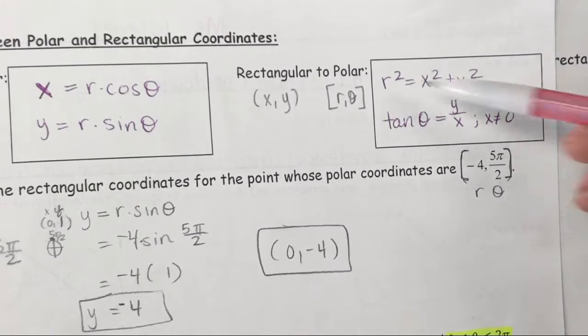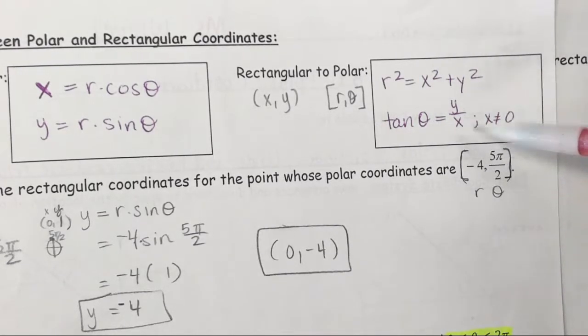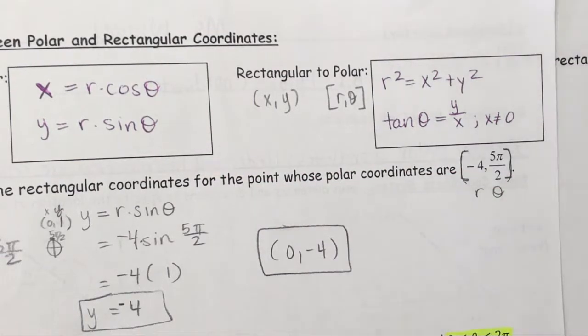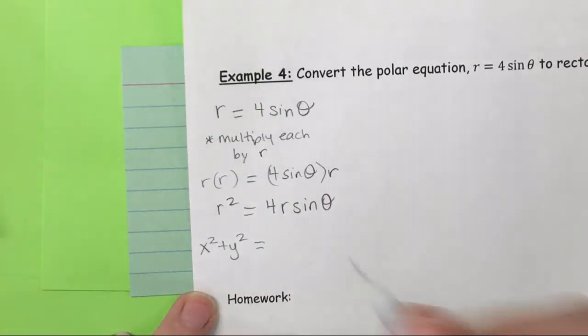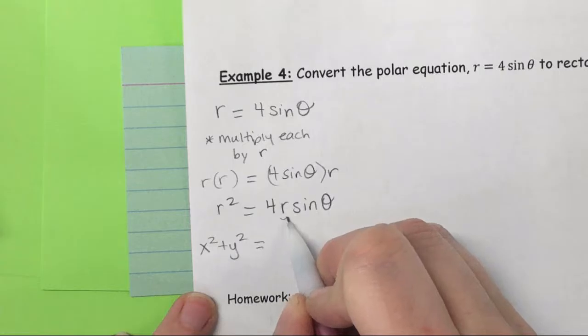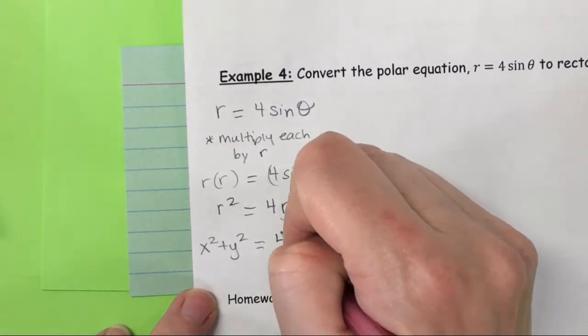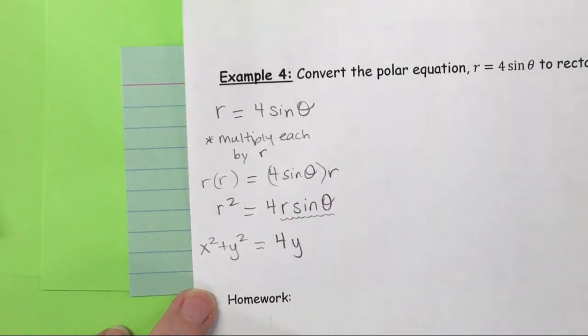I have the x squared, the y squared, the tangent. I have x equals r cosine of theta, y equals r times sine of theta. So if I look here, the r sine of theta is the same thing as y. So we're going to substitute. Then this will be 4 times y.